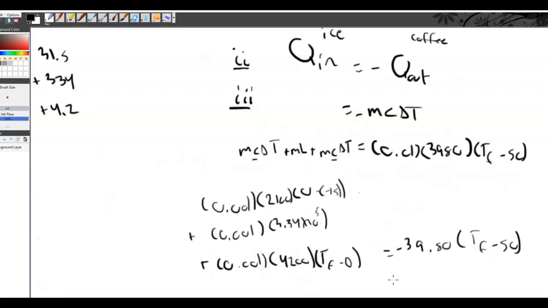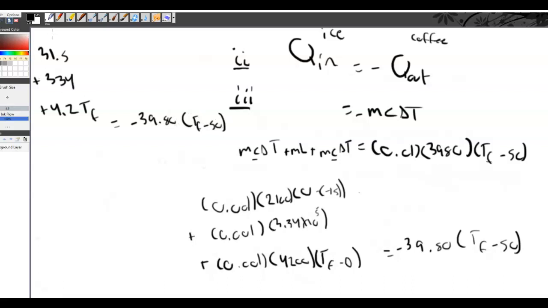I don't need to worry about the 0 because 0 times anything is 0. So I'm going to get 4.2 TF. And all of that is going to be equal to minus 39.8 times TF minus 50.